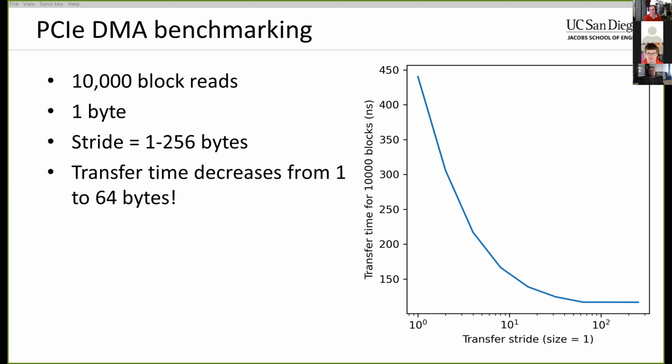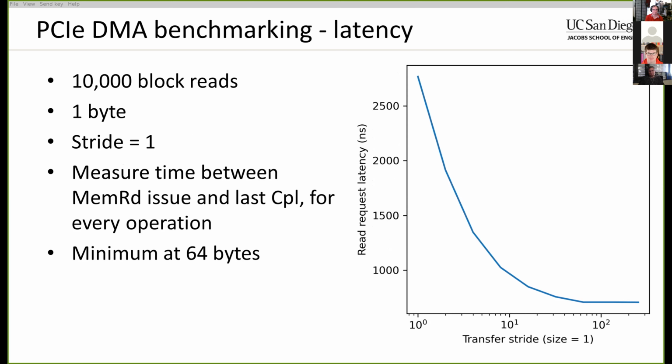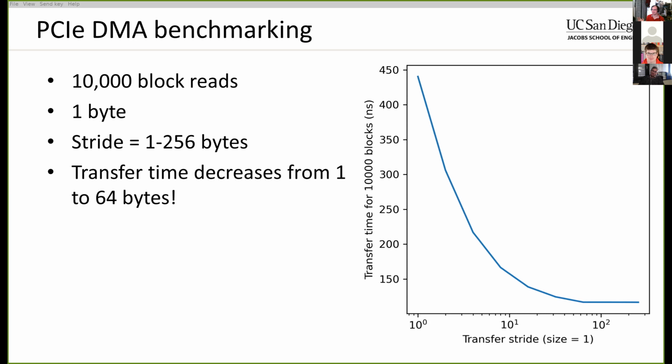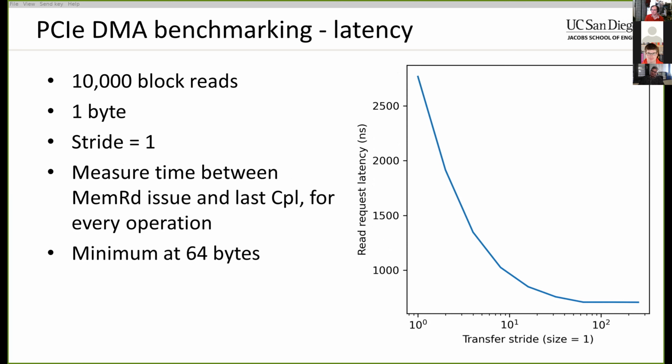The curve is exactly the same, which is interesting because the plot where you're measuring the time does take into consideration the fact that we're running out of tags and we have to wait for more tags to be available, whereas this one is only looking at the latency of each individual operation. So I'm not exactly sure why we're seeing exactly the same curve, but I guess the waiting around for tags must average out.